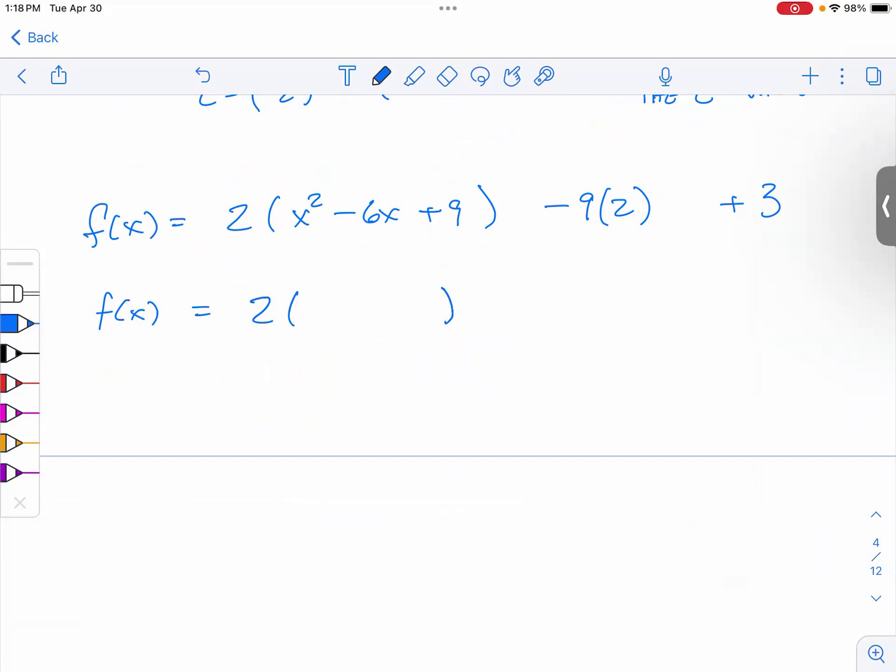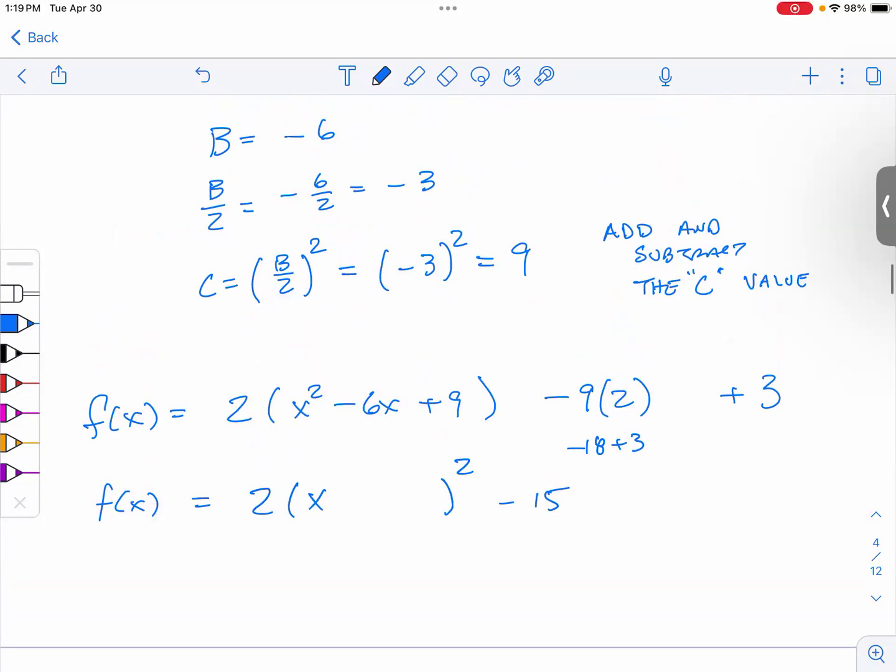Okay, so what do we have back here? It says -18 plus 3, which is -15. And now I'm actually at the point where that is a perfect square trinomial, something that can be factored, something I can write as x plus a number.